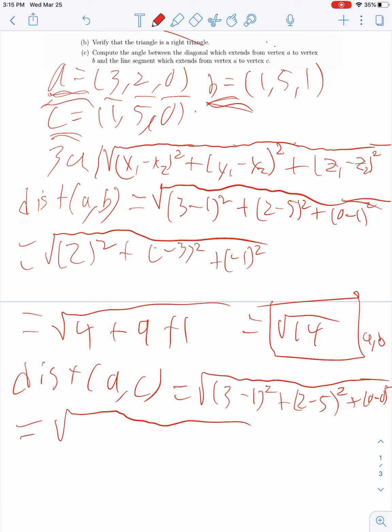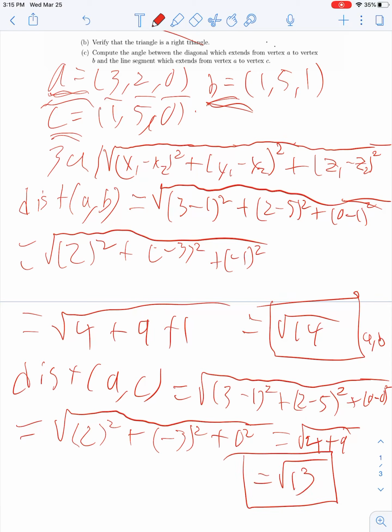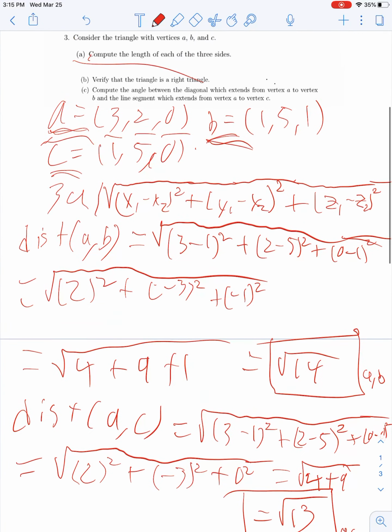So we get the square root of 2 squared plus negative 3 squared plus 0 squared is equal to 4 plus 9 is equal to root 13. And that is as good as we're getting it for AC.